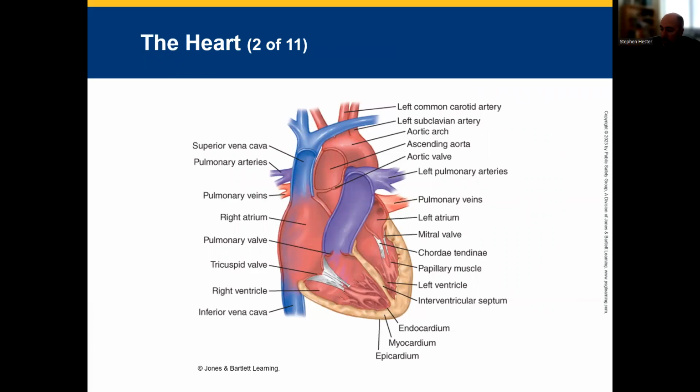If you haven't reviewed this in a while, it is important to review it and understand the flow through the heart: the right atrium, through the tricuspid valve into the right ventricle, out to the lungs, comes back into the left atrium through the mitral valve, and the left ventricle should be the biggest part of our heart, and out through the aorta, and blood comes in through the vena cavas.